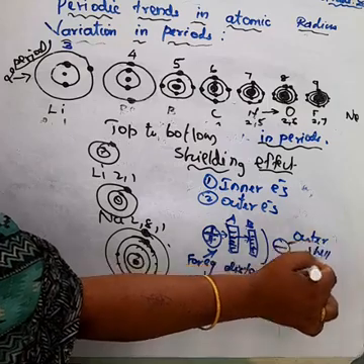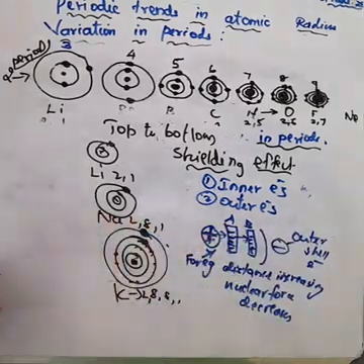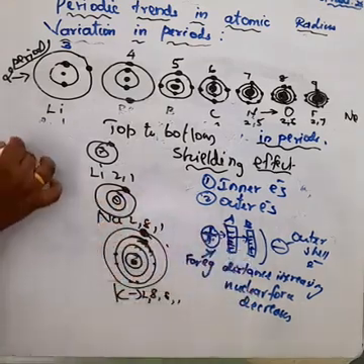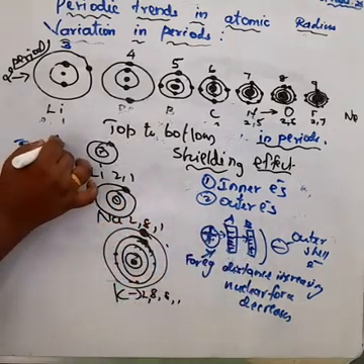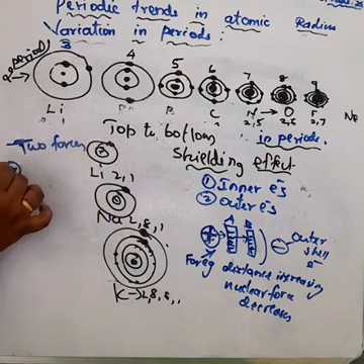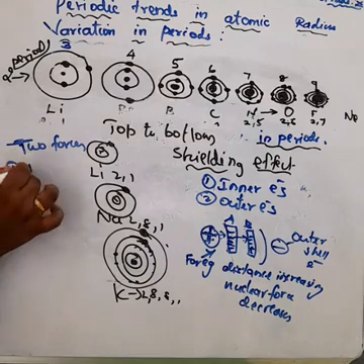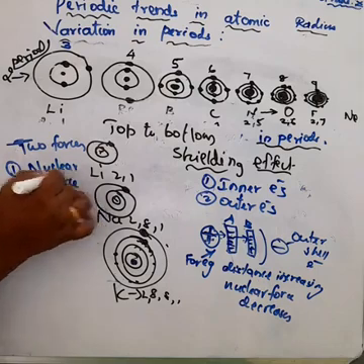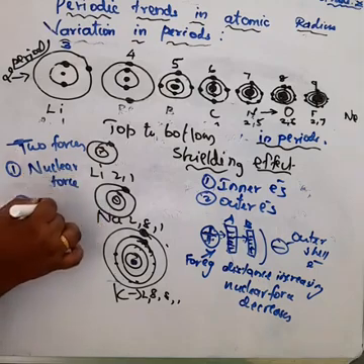As we know, two forces act between the nucleus and the electrons. Already we studied about that. What are the two forces? That is the effective nuclear force or effective nuclear charge, and the repulsive force.